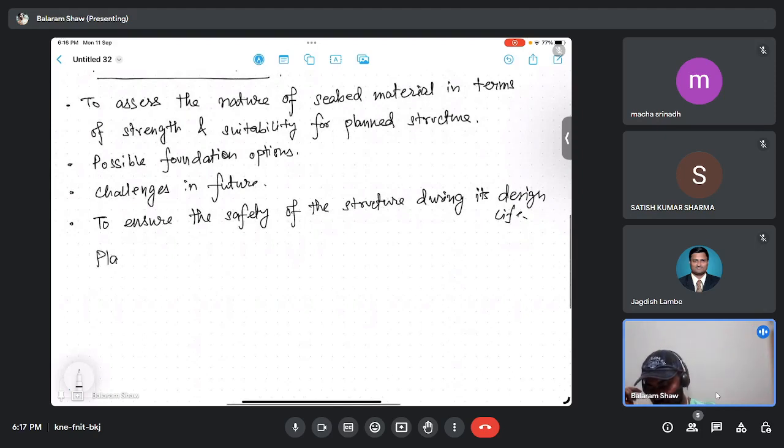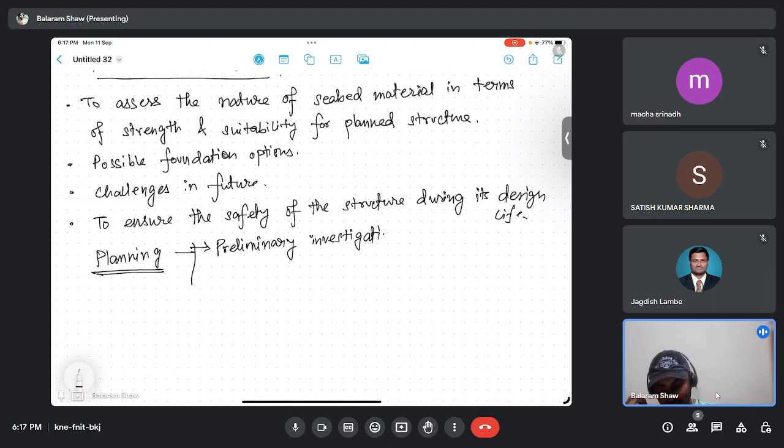While going for geotechnical investigation, we need to do the planning. As in the last lecture, for the proper planning of offshore structures, we may have to do the preliminary investigation. Preliminary investigations, as we saw in the last lecture, are based on the available reports.